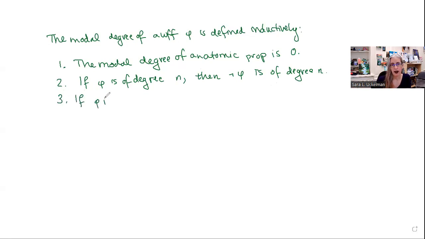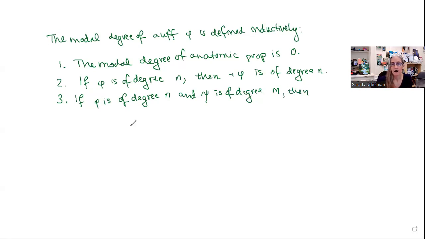If we have some formula phi, which is of modal degree n, and another formula psi, which is of modal degree m, might be bigger, might be smaller, might be the same, doesn't matter. We just have two formulas, and they each have a modal degree.